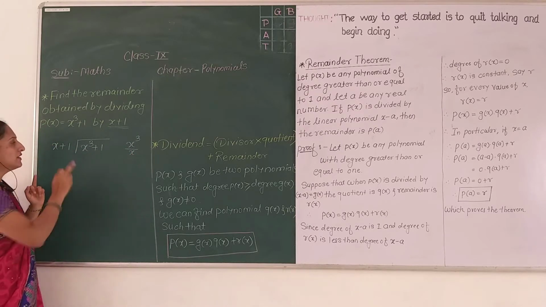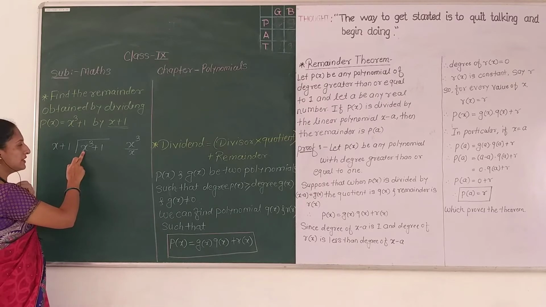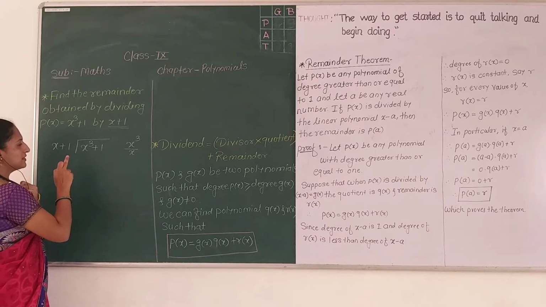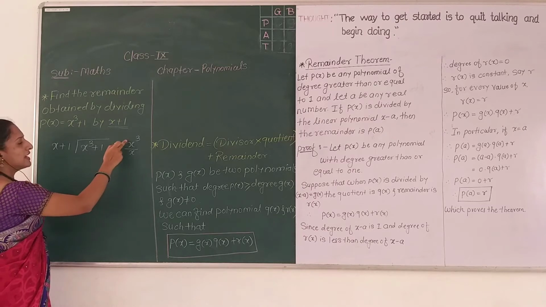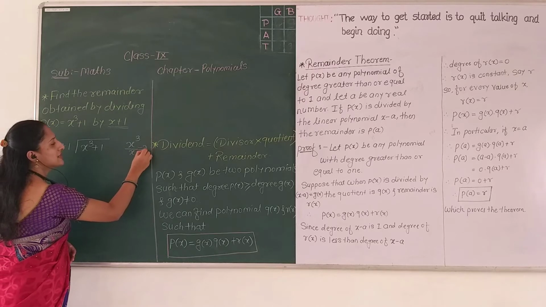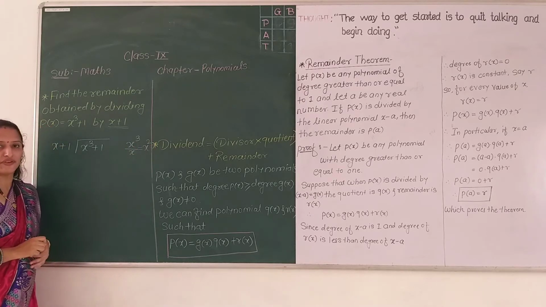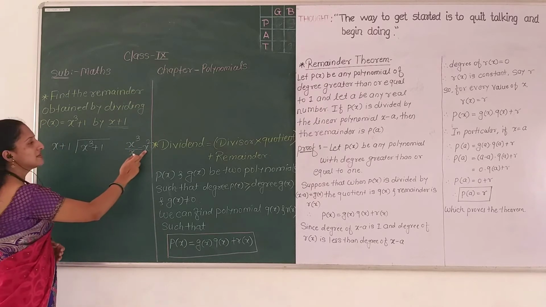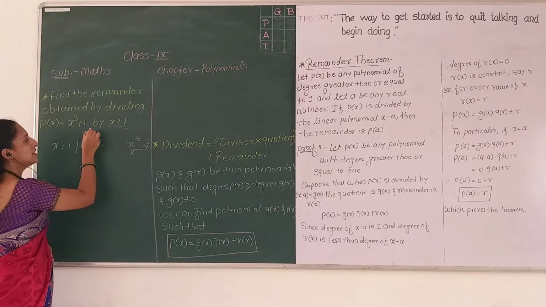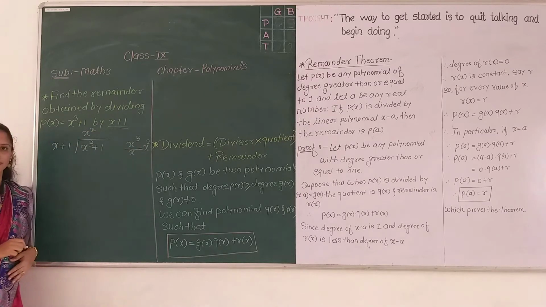So x cube divided by x is equal to what? x square. That means the first quotient is x square here.